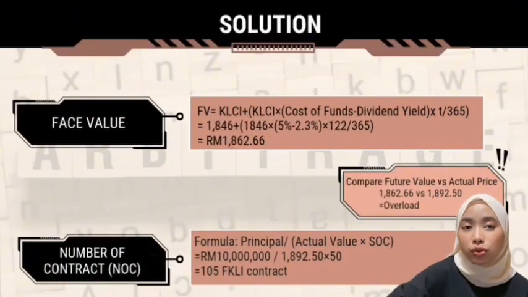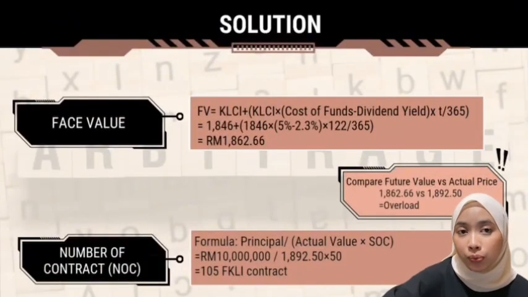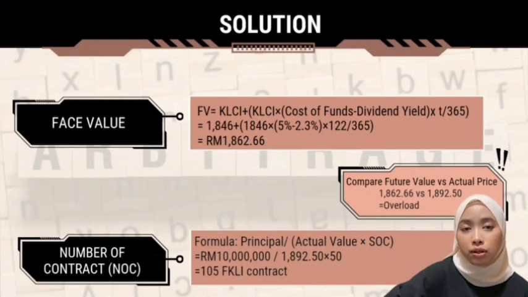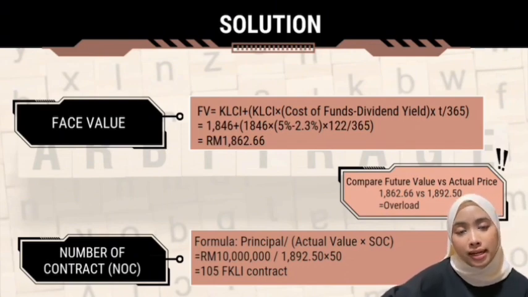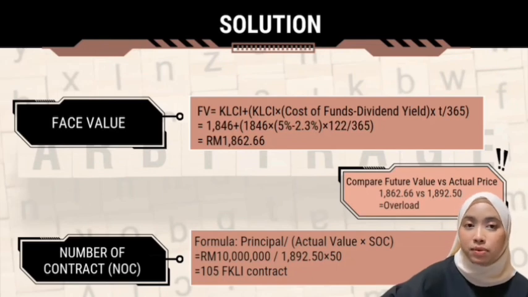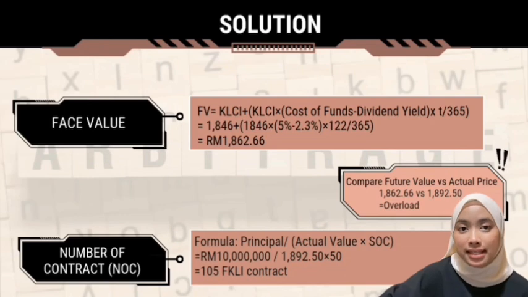So the first solution is to find the fair value. The formula to find fair value is KLCI plus KLCI times cost of funds minus dividend yield, times T, divided by 365 days. The KLCI given by the question is 1846 plus, in brackets, 1846 times 5% minus 2.3%, then times 122, which we already calculated, and divided by 365.